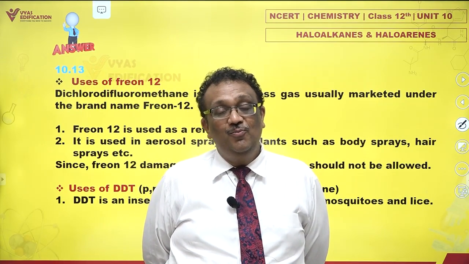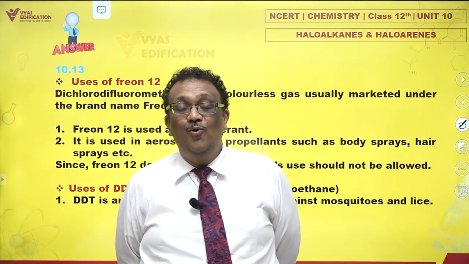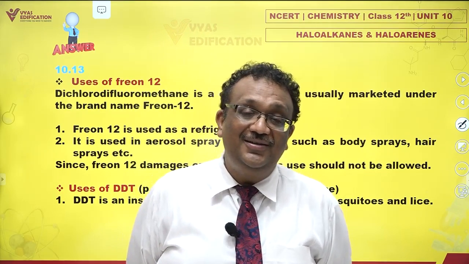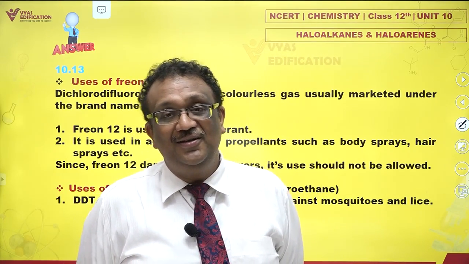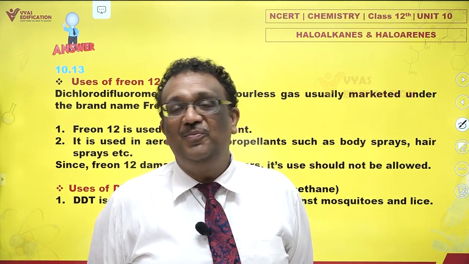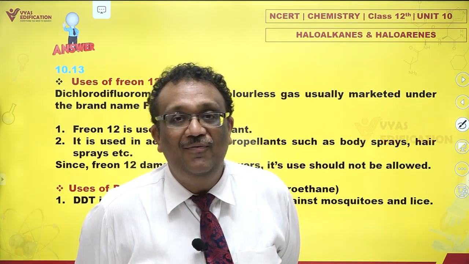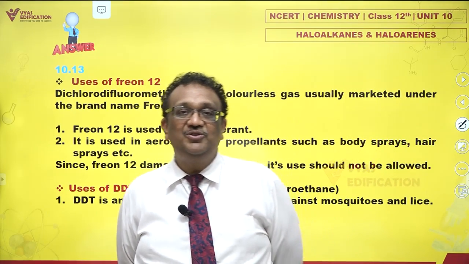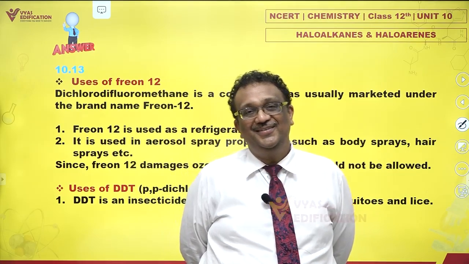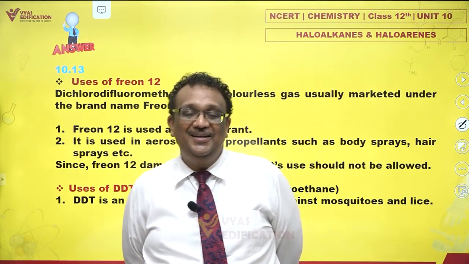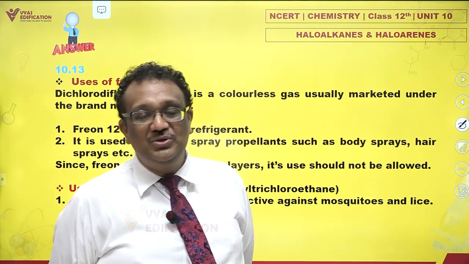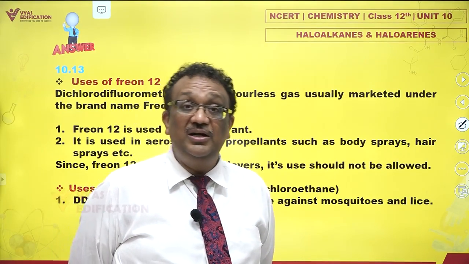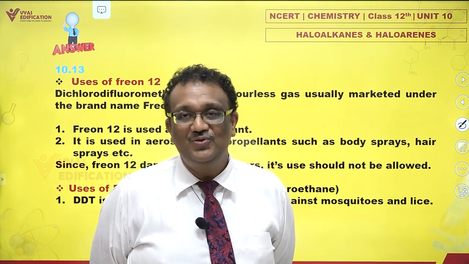The moment you remove this ozone layer, more UV rays start reaching the Earth, and that means life would be destroyed. So, each time you're using that fancy body spray, you're destroying Earth. Remember that, and that is why people have now started discouraging the use of Freon 12.